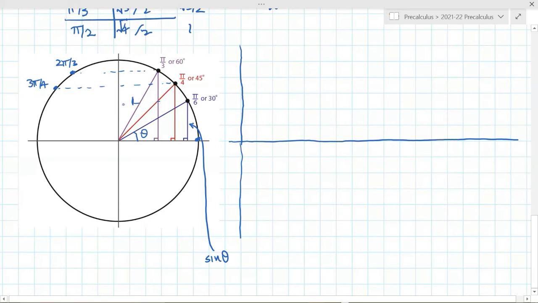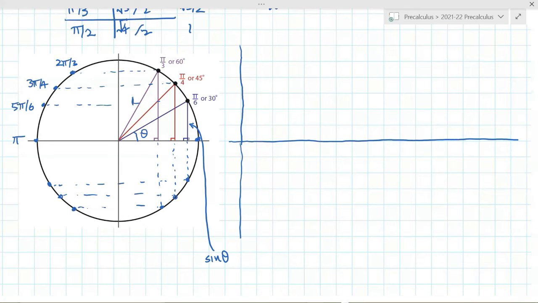And this one, 5 pi over 6, this is pi. So if we go around the circle one time, how many radians does theta go through? Going around one time brings you here, which is 2 pi. So this will be theta here.